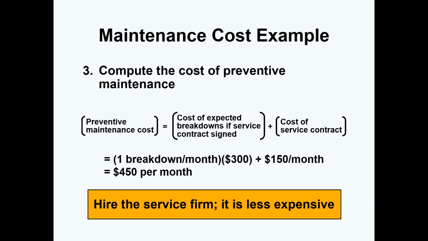The breakdowns per month will equal 1 multiplied by 300 plus the 150 contract value, which is 450, compared to 480 with no preventive maintenance. 450 is cheaper, so the decision should be to hire a service firm to maintain the machines.